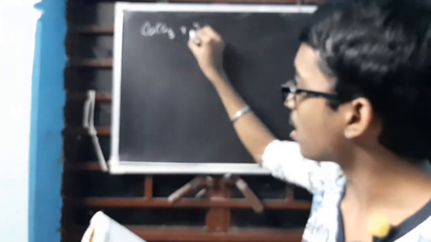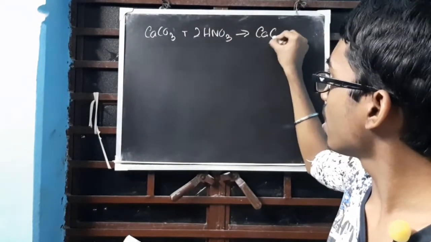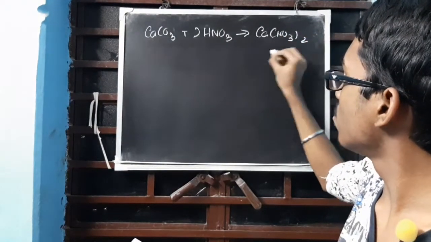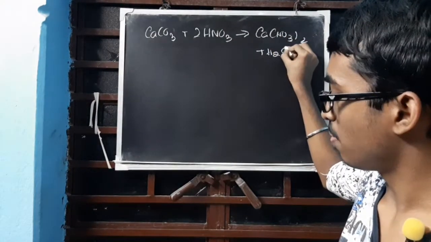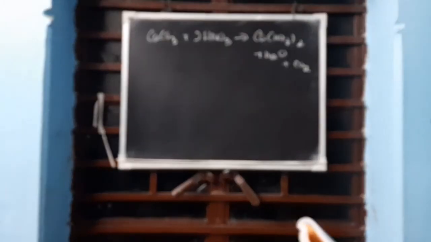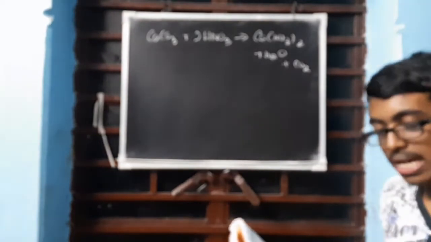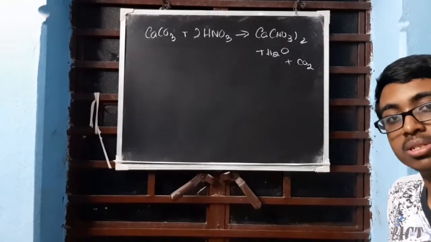CaCO3 plus 2HNO3 giving you Ca(NO3)2 plus water plus carbon dioxide. Now it is told to calculate the mass of anhydrous calcium nitrate formed.